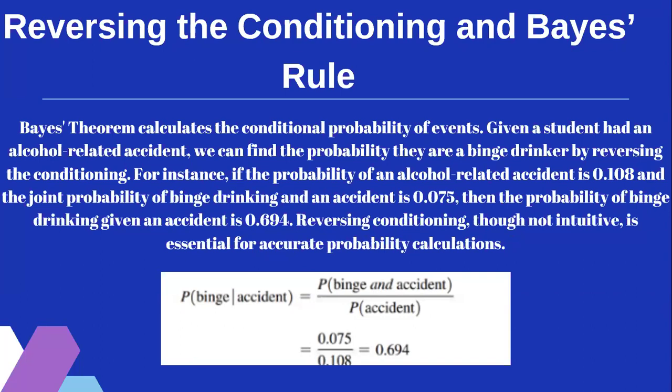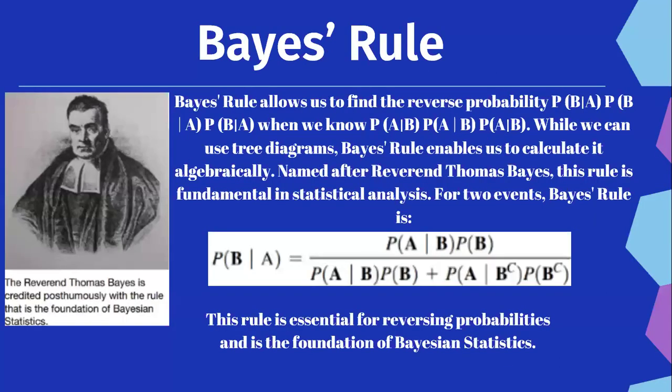For instance, if the probability of an alcohol-related accident is 0.108 and the joint probability of binge drinker and accident is 0.075, then the probability of binge drinking given an accident is 0.694. Reversing conditioning, though not intuitive, is essential for accurate probability conclusions.